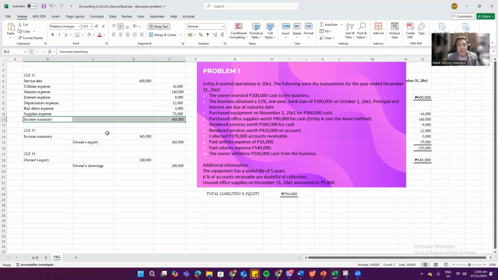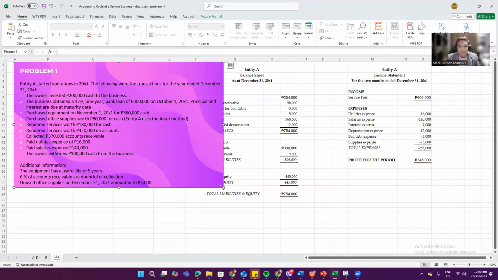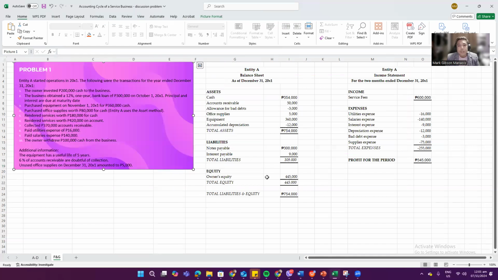So kung nakikita mo yung flow, meron at this 345,000, basically this is your income. No? So your income is then closed to the owner's equity account. So at the end of the day, it will all be in the balance sheet account. And then owner's drawing, we also have to close that, no? It is a debit initially, no? So we have to close it to the owner's equity account. So that's requirement F.